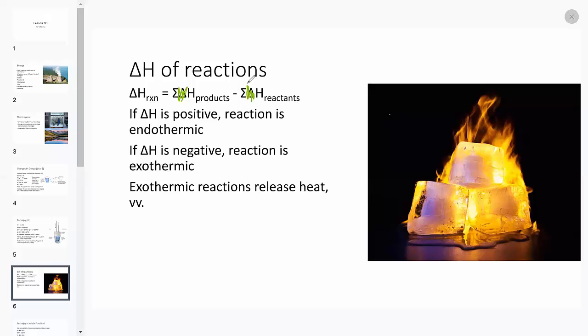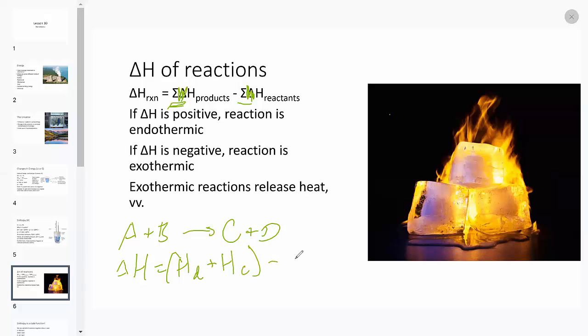So that's what the sigma here stands for, sum. So let's say we have A plus B goes to C plus D. Then delta H equals enthalpy of D plus the enthalpy of C minus enthalpy of A plus the enthalpy of B. Right?